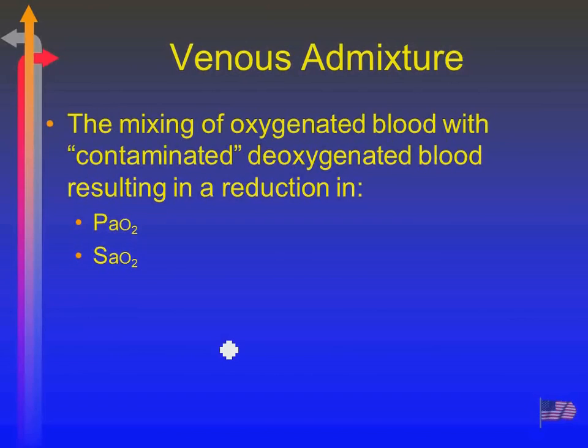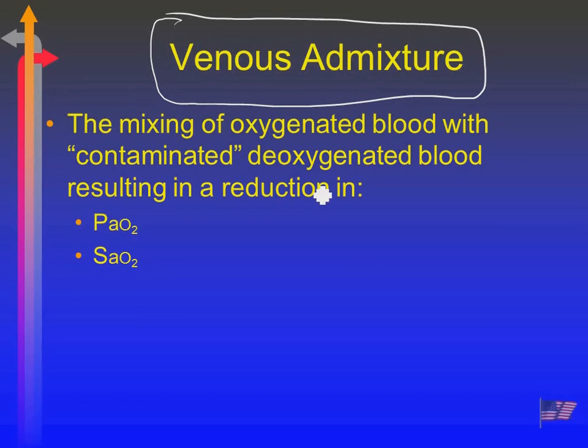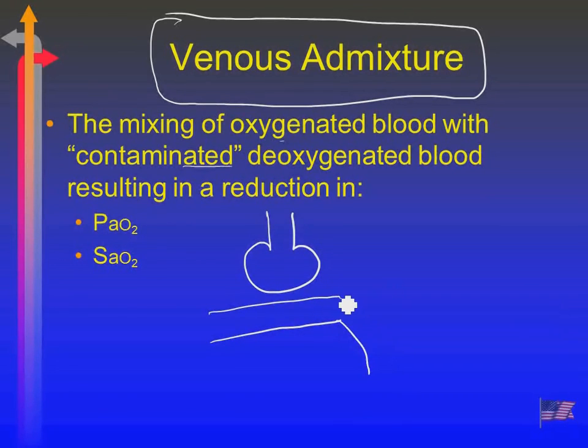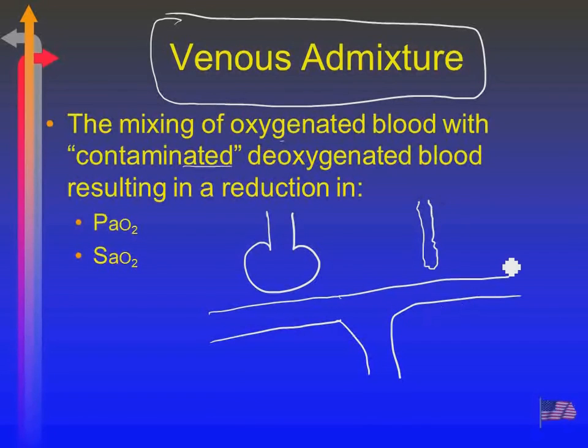All right, let's talk then about this concept of venous admixture, which is basically that mixing of good oxygenated blood with poor deoxygenated blood. So this is coming back from the body with a PO2 of 40, right?